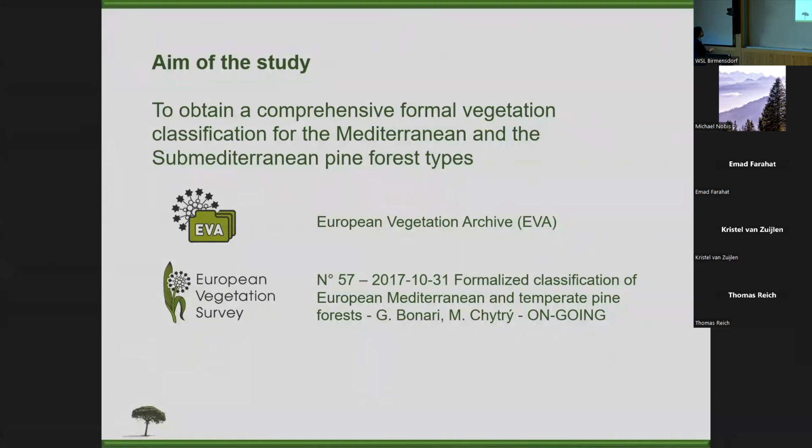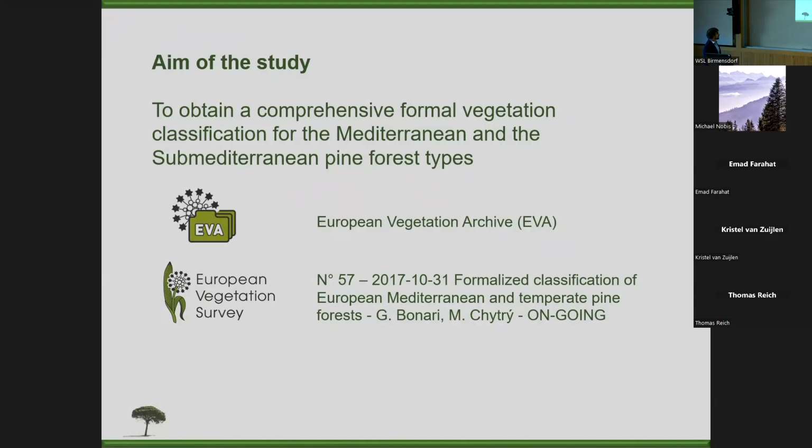Basically, there was a formal request to EVA, which is the European Vegetation Archive. Some of you might know it. It's the biggest European database of vegetation plots. There are several custodians, so it works as a framework, and you can request the data.